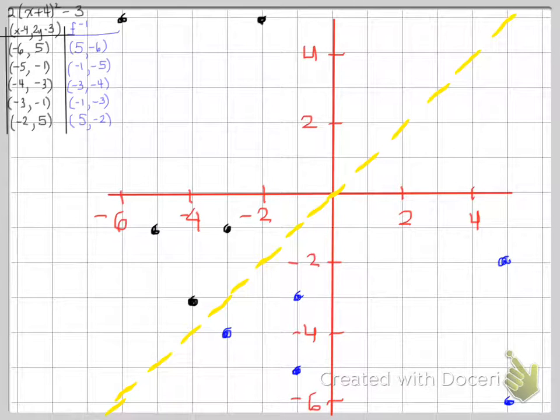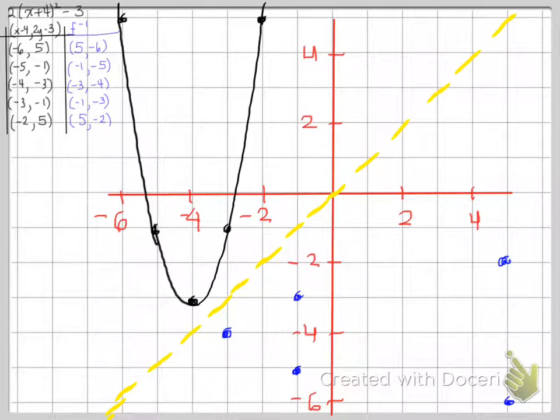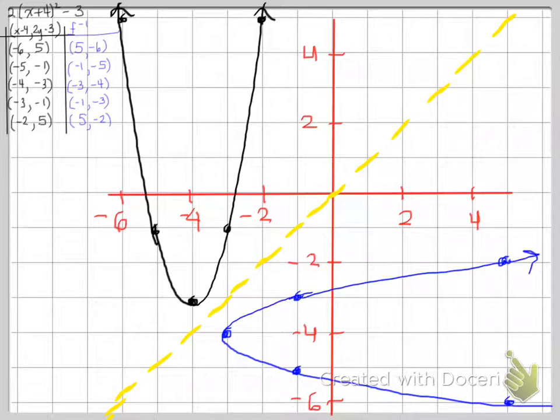Funny enough, in our case, there are no invariant points, because none of these black points, and even when I draw the curve, like so, and the curve of the blue, none of these points actually touch this y equals x line. So we're not going to have any invariant points.